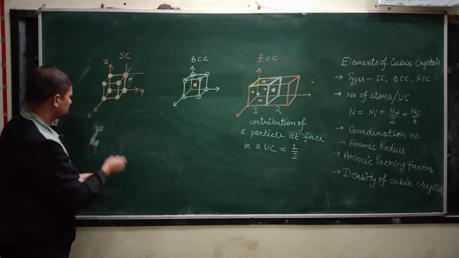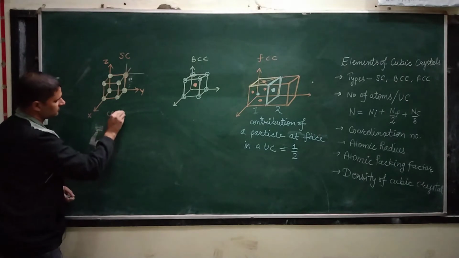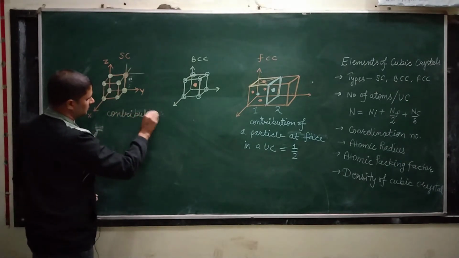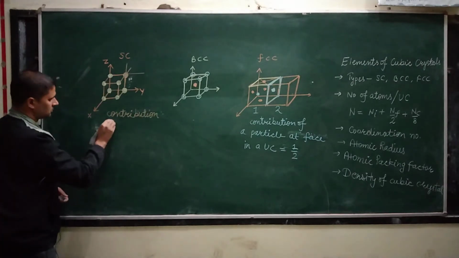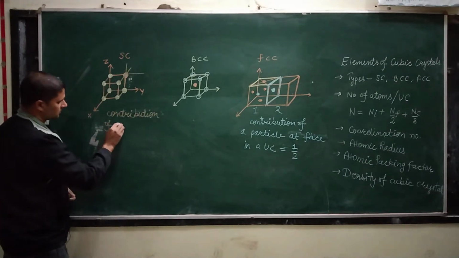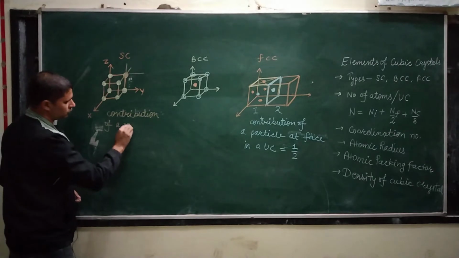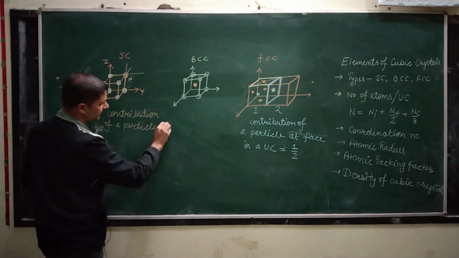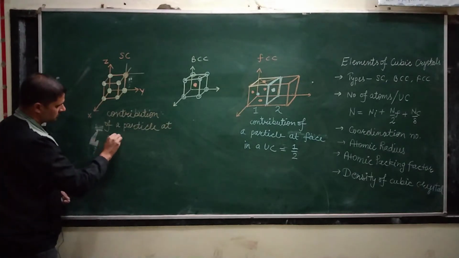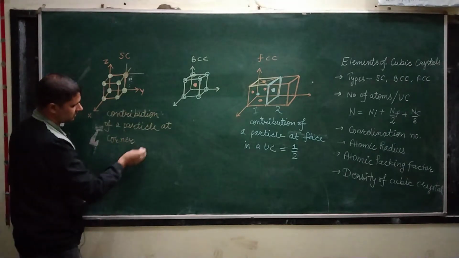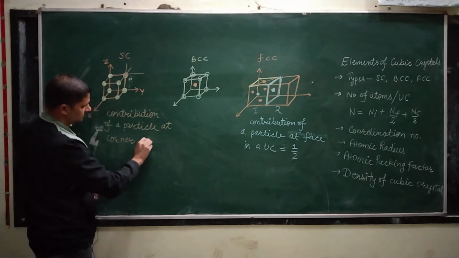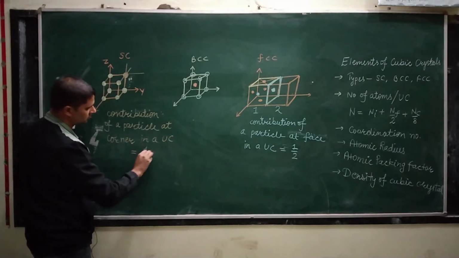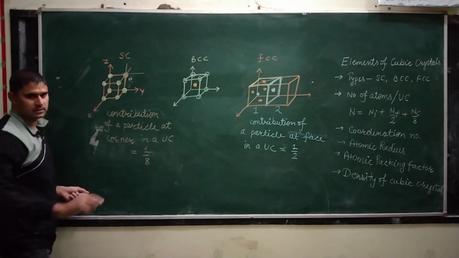Okay, so I am writing here the contribution of a sphere or a particle at the corner in a unit cell is equal to 1 by 8.